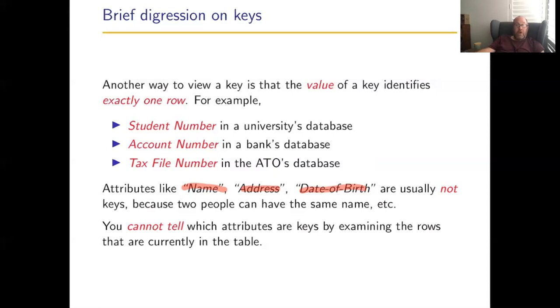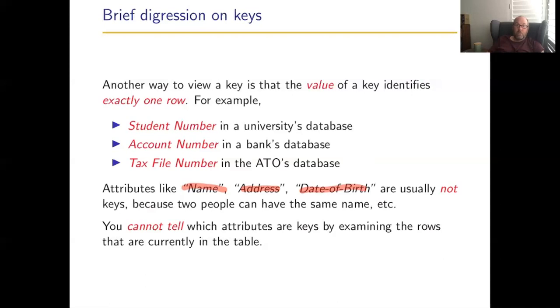Now, I just want to emphasize that whether something is a key or not is not dependent on what data the table currently contains. It's a design issue. Is this a rule about the business that the database is for that says that never can you have two students with the same student number?